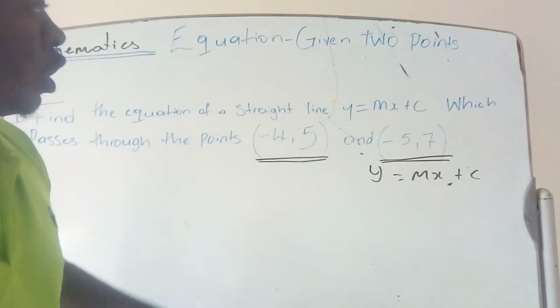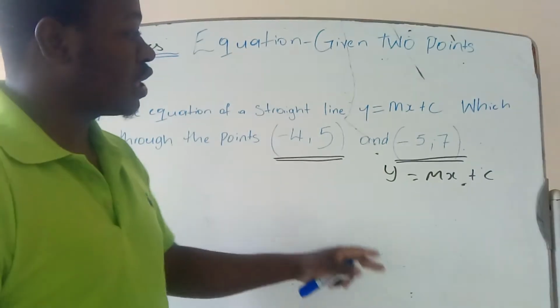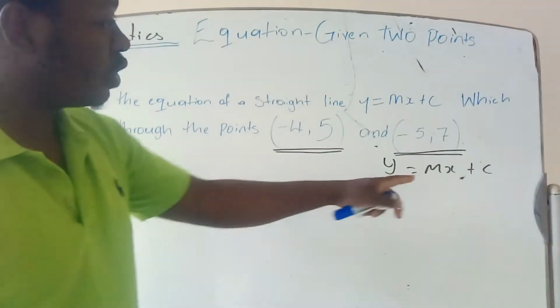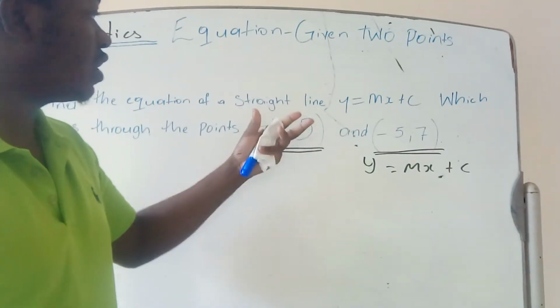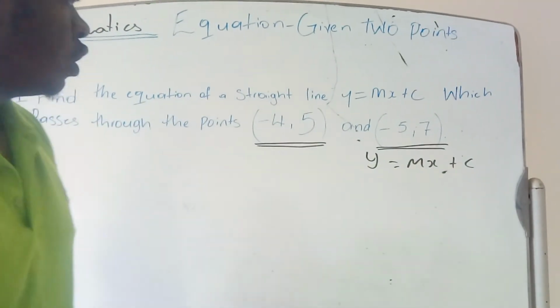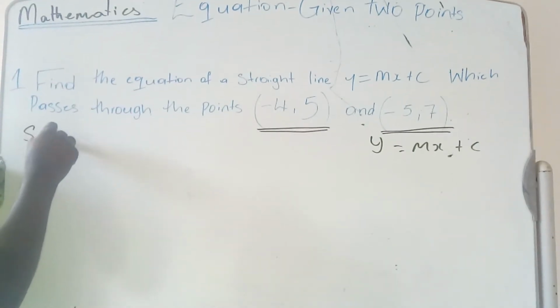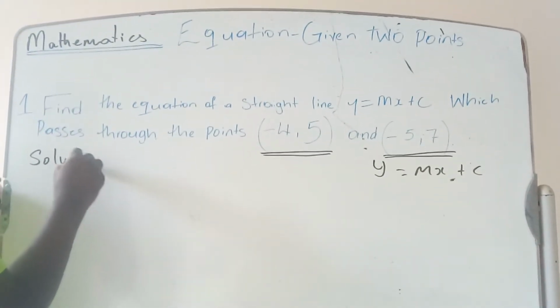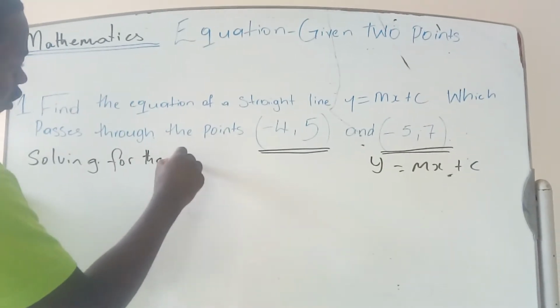Now, from this formula y equal mx plus c, it is clear that we need the gradient of the line and the y-intercept value, and then we would have solved the question. So, solving for the gradient.